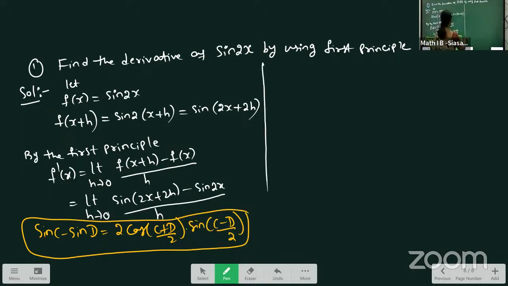So it is equals to limit h tends to 0, sin 2x plus 2h minus sin 2x.